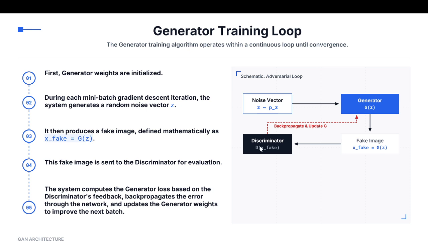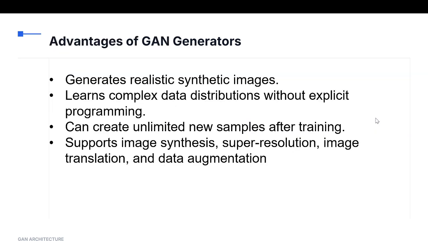If the discriminator is able to classify the fake image as a fake image, or a real image as a real image, then there is no problem. If the discriminator is unable to classify the given image as fake or real, then the same set of images will be sent back to the generator until we receive 100% accuracy.